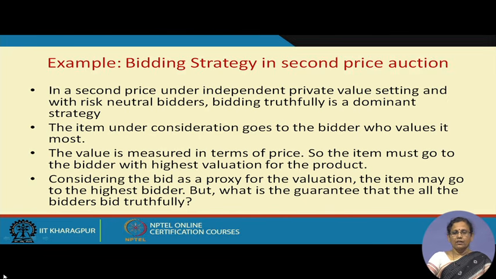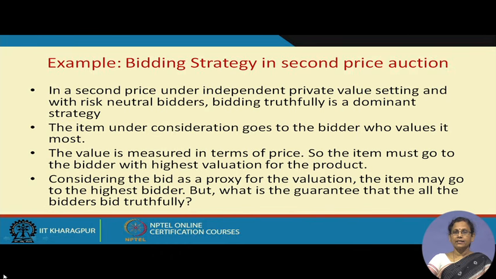Now, let us look at an example of a bidding strategy in second price auction, because we are not going to have an elaborate discussion on how to design auctions. Rather, we will see what is the meaning of an auction design. So far we have been saying that one of the basic assumptions is that bidders truthfully reveal their bid.